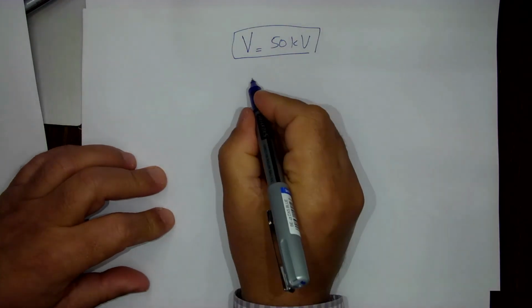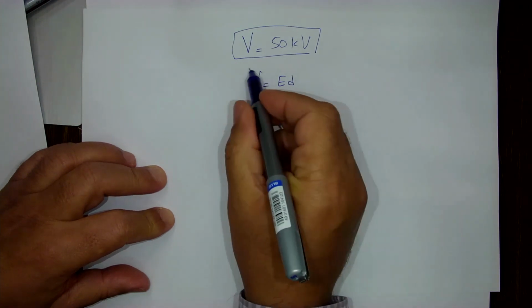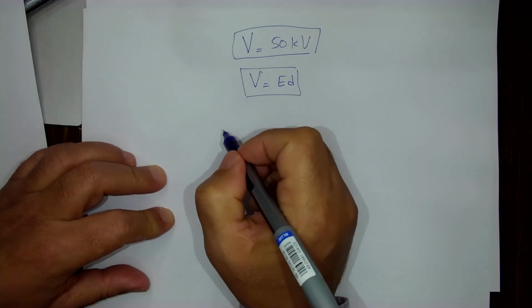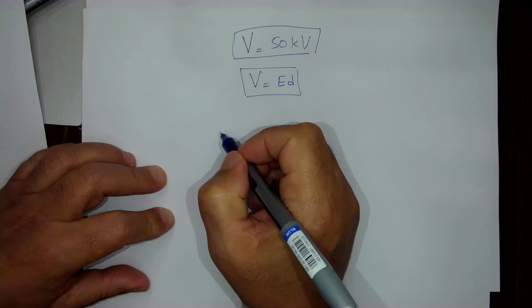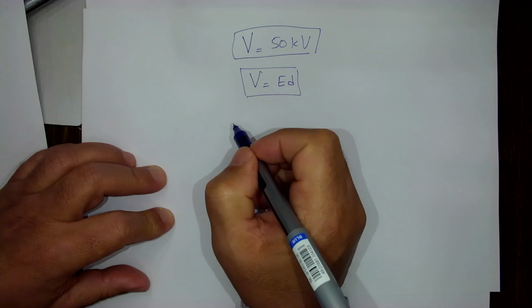Then from here, I can say V is equal to ED. This is the expression that we found from the electric field, the voltage difference, and the gap between the capacitor plates.